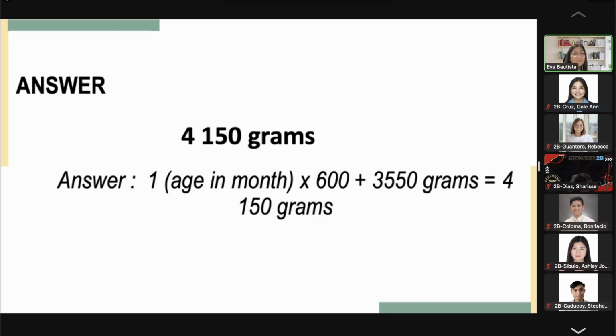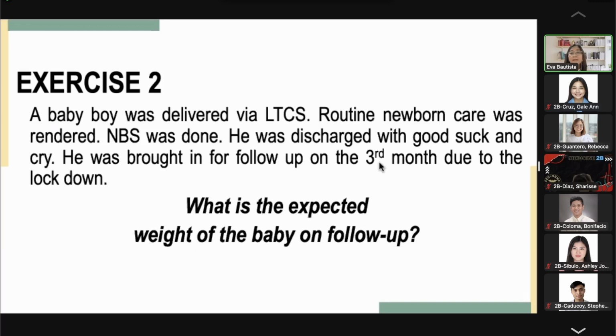Next, how about this one? A baby boy was delivered via CS. Routine newborn care was done. NBS was done. We're now talking of the 3rd month. Came back for follow-up. What is the expected weight of the baby?